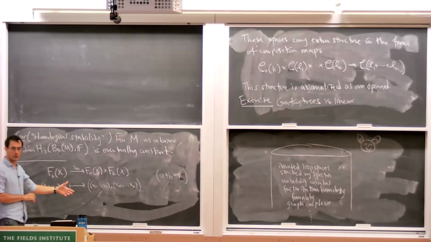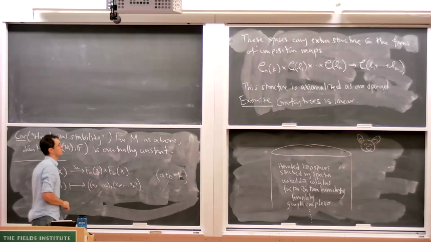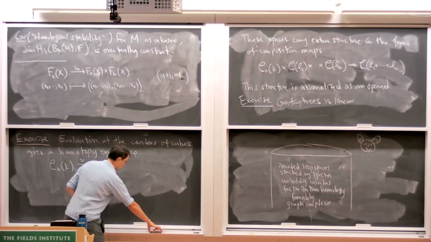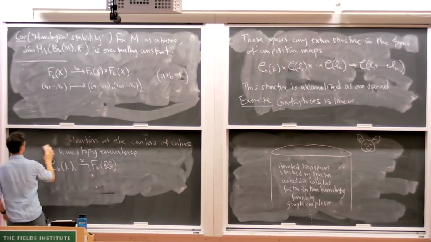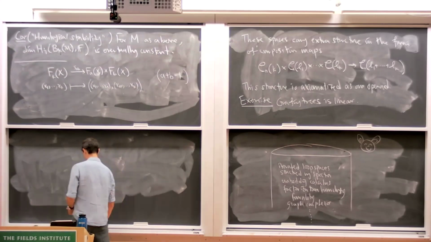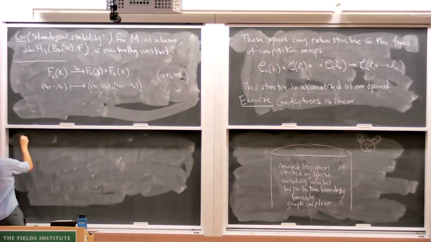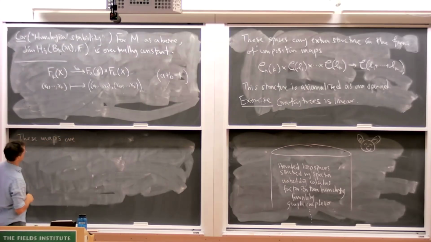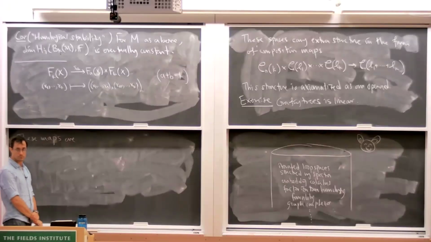So what's true about these maps? Let's think about some features of these maps. On the one hand, the symmetric groups are acting everywhere, right?